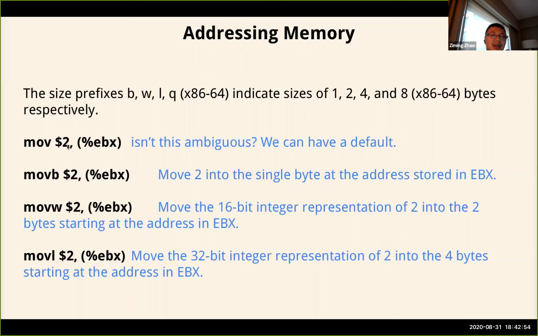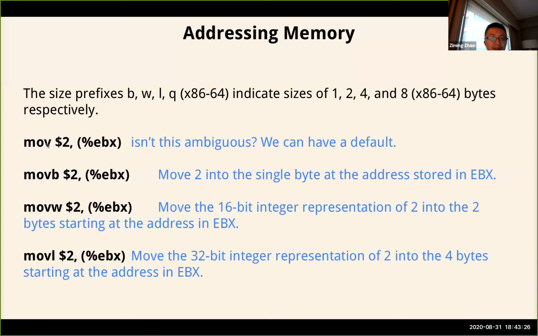So that's why sometimes you can write instructions with a suffix, like B, W, or L. B basically means byte. W means word, which is 2 bytes. And L means long. Long in this case means 4 bytes, right? And we also have Q, 8 bytes. So if we run this instruction, moving to the memory location EBX, it's a little bit ambiguous.